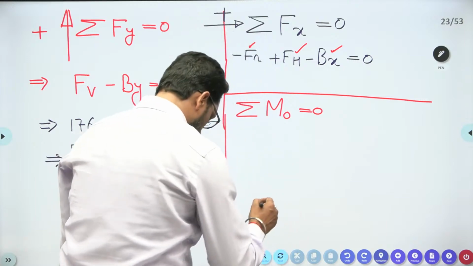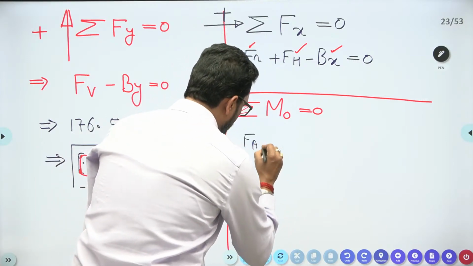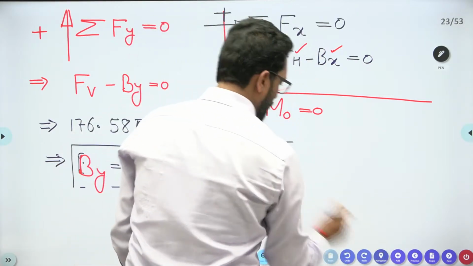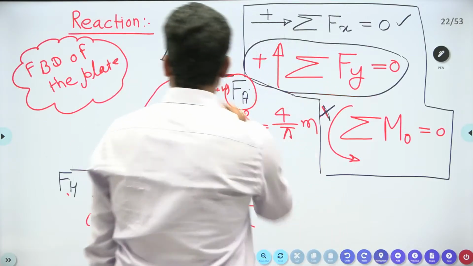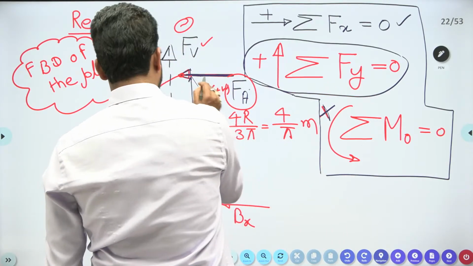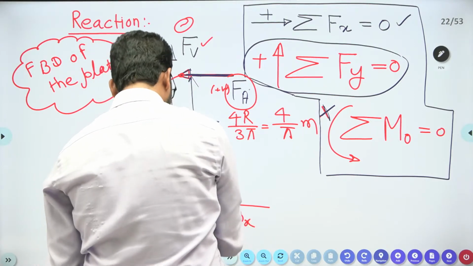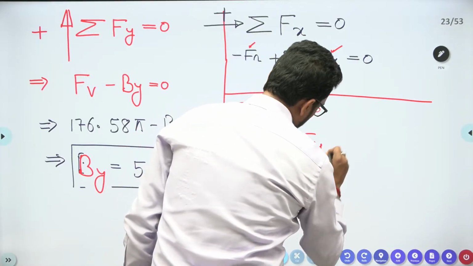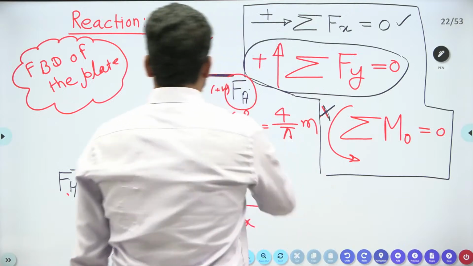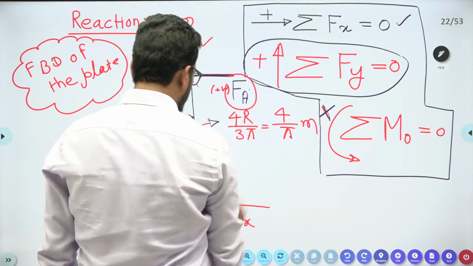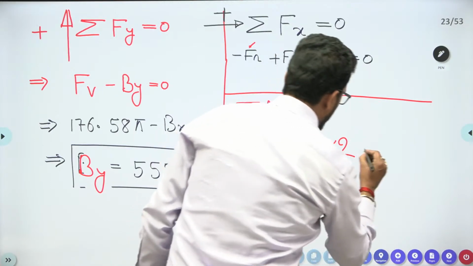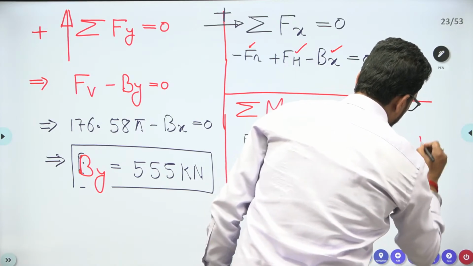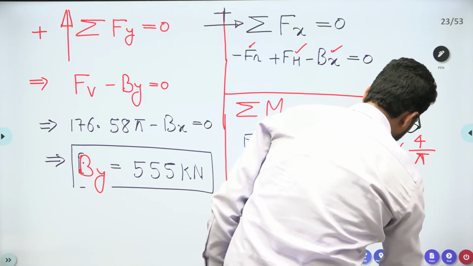Apply this. So what is this equation? FA into 6 minus FH into 2 minus FV into 4 by pi is equal to 0.